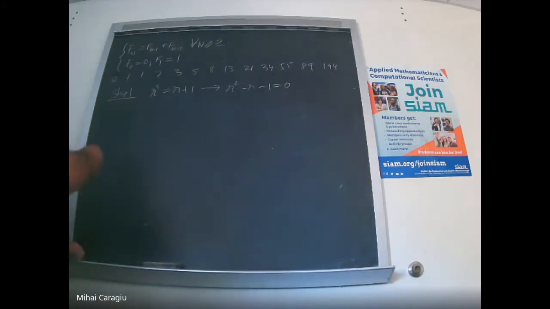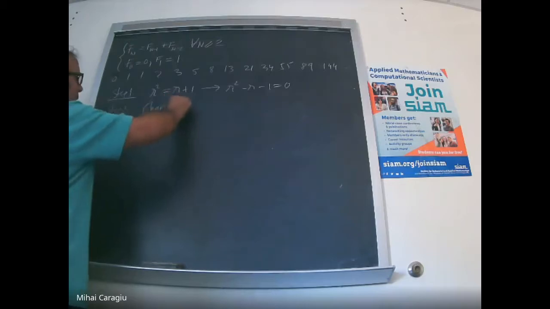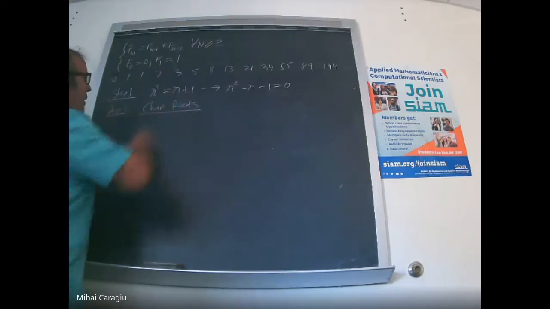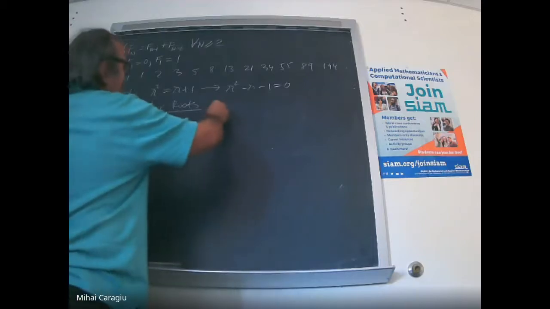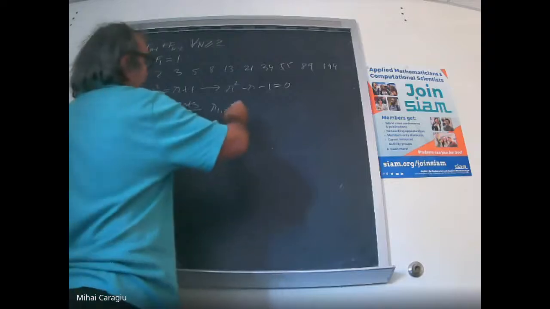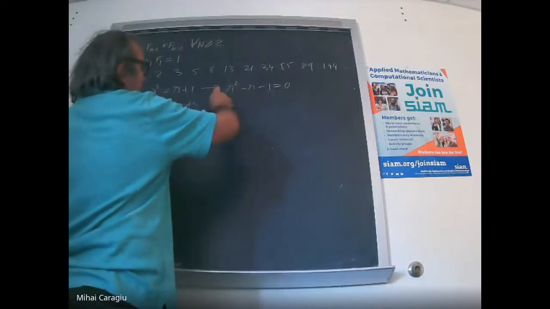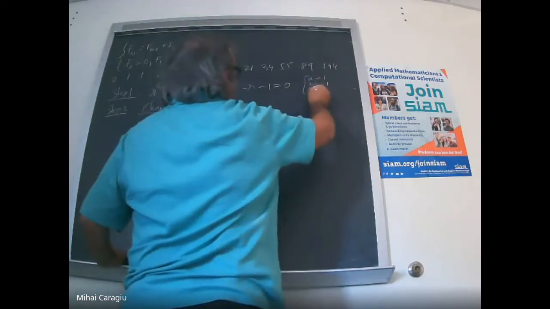Now, in step 2, we find the characteristic roots by simply using the quadratic formula. For the quadratic formula, a equals 1, b equals minus 1, c equals minus 1.